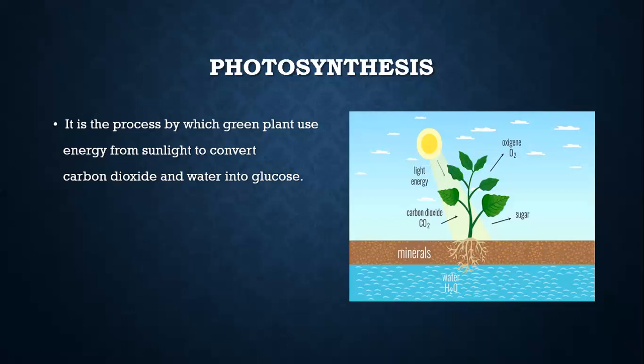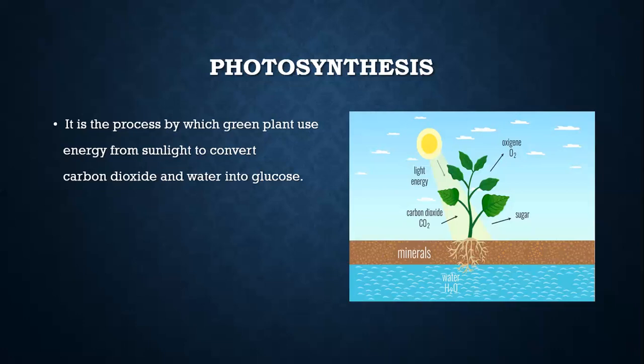In this process, oxygen is released as a byproduct. So the equation is: carbon dioxide plus water, in the presence of sunlight, gives glucose plus oxygen.